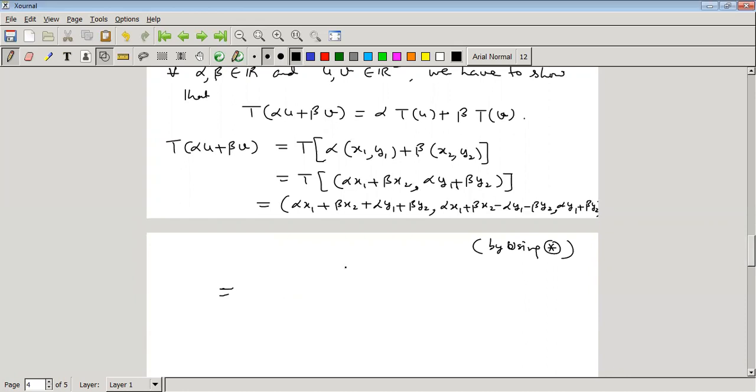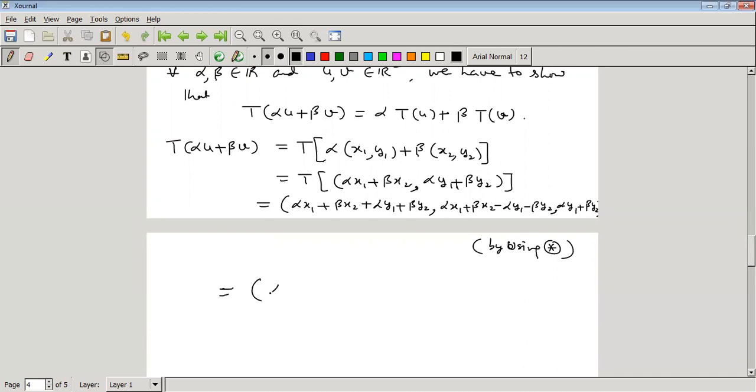So we can write this as alpha x1 plus beta x2. Even we can separate them. We can take alpha to be common.